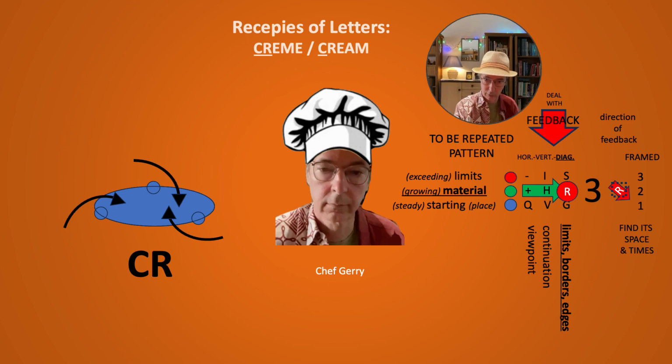After attention to the borders, I will give attention to find the material, look for material, try to have the material in via feedback. Chef Gerry will say I will find feedback in 3 points, and this will have to be one goal, so there has to be a cooperation between these borders.